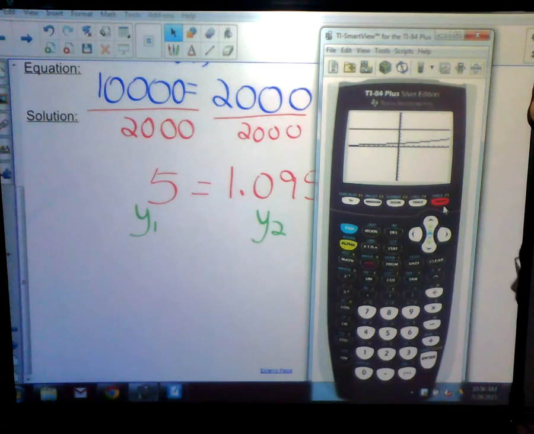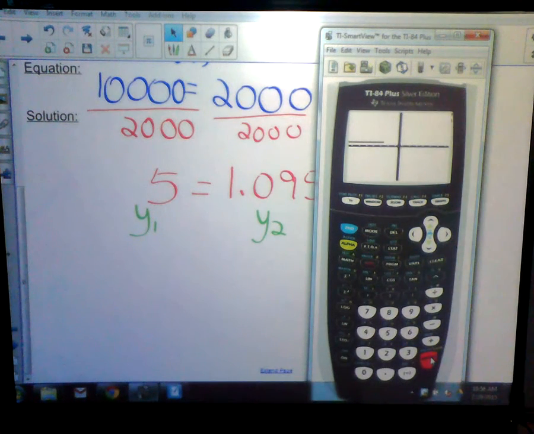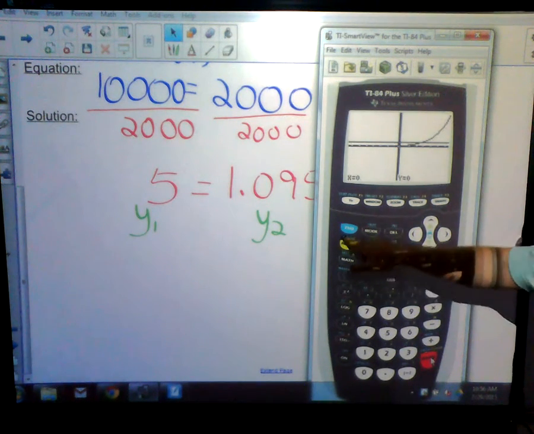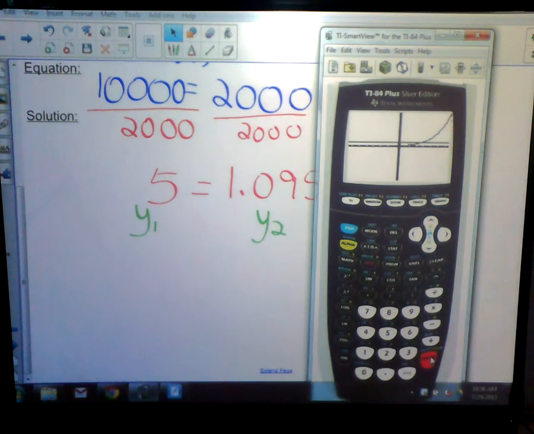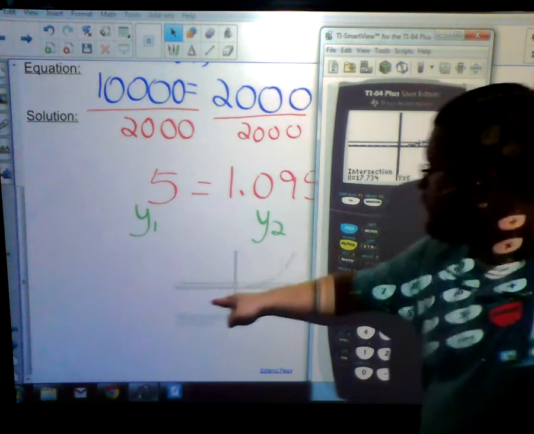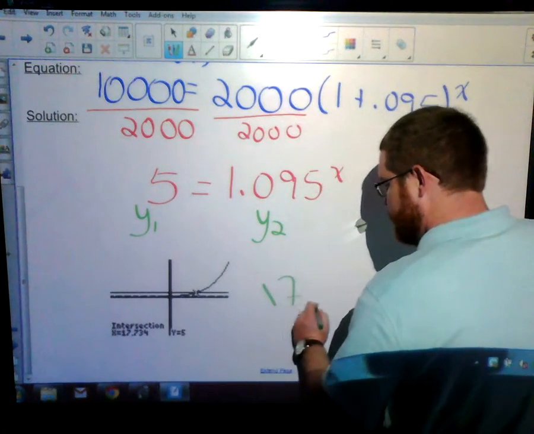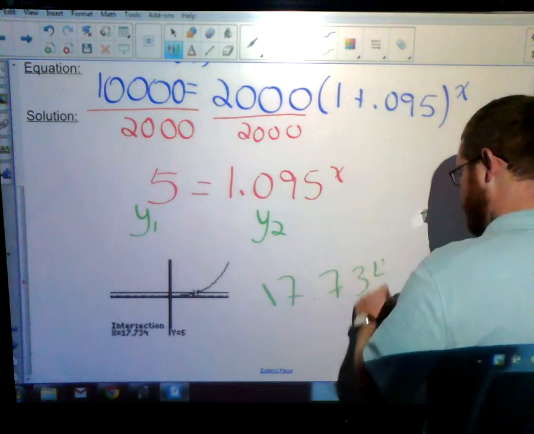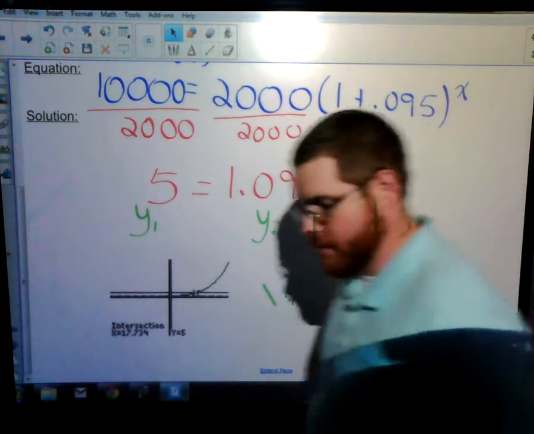They don't cross yet, so I have to zoom out, enter. Now they cross. Second trace 5, enter, enter, enter. How long does it take? 17.734 years. It's not bad.